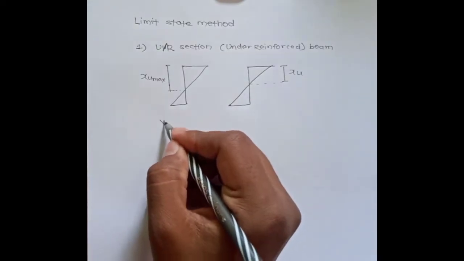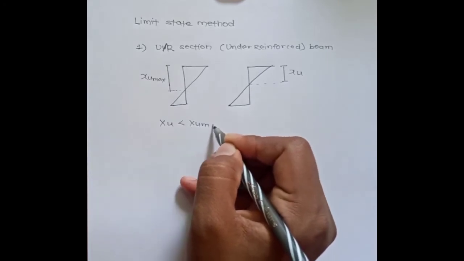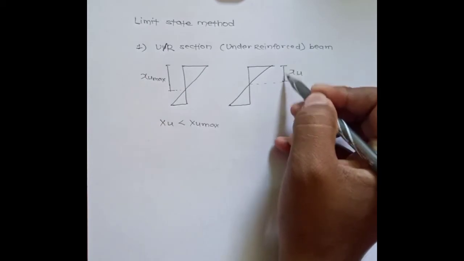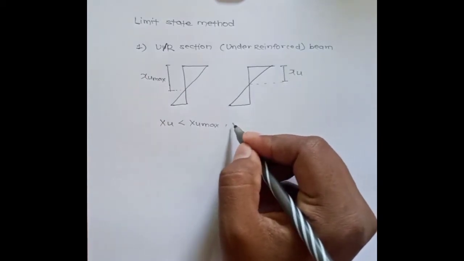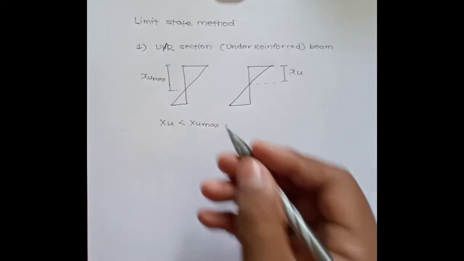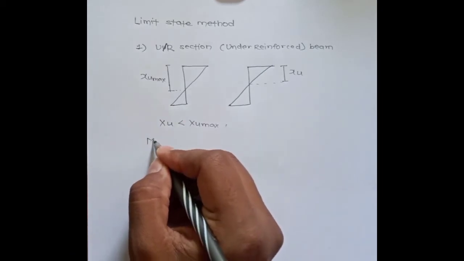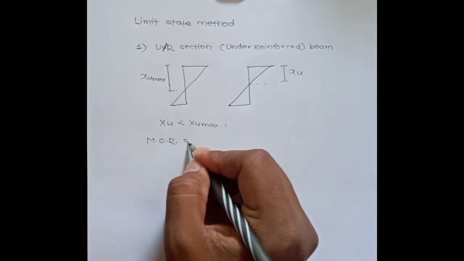So whenever XU is less than XU max, you can see this distance is greater than this XU. Whenever we get this condition, we can conclude that the resistance will be governed by the steel. So we can calculate the moment of resistance by this formula.